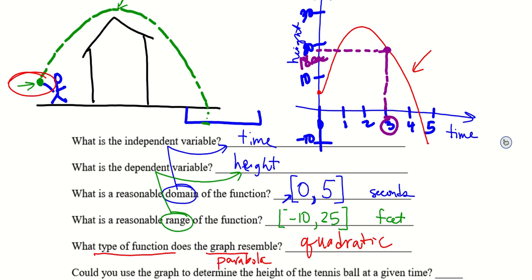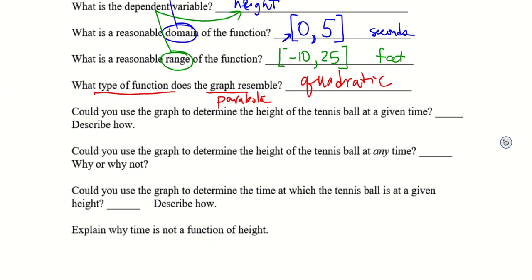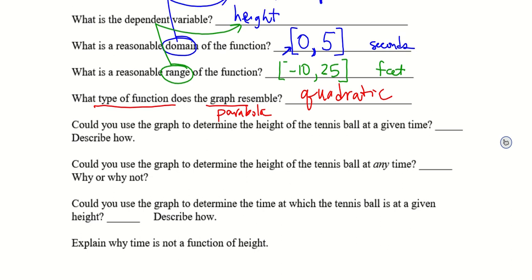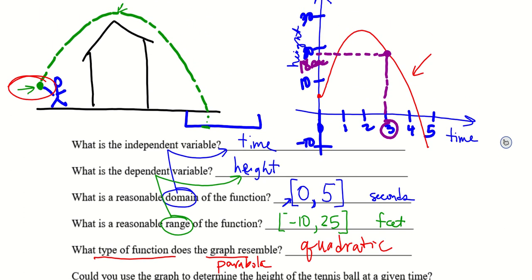Could we use the graph to determine the time at which the tennis ball is at a given height? And so could we run that backwards? Could we determine at what time the ball reaches a height of 10 feet?